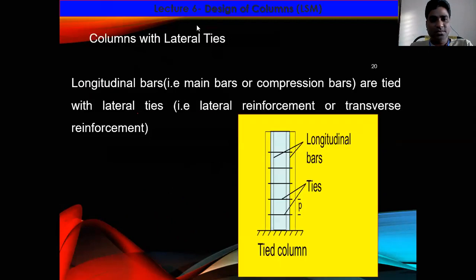Just see the diagram. So this is your longitudinal bars. See here, these are longitudinal bars, and these are the lateral ties, right? The longitudinal bars are the main bars, which we take as compression bars, and they are tied with the lateral ties. So lateral reinforcement, or we can call it transverse reinforcement in columns, right?